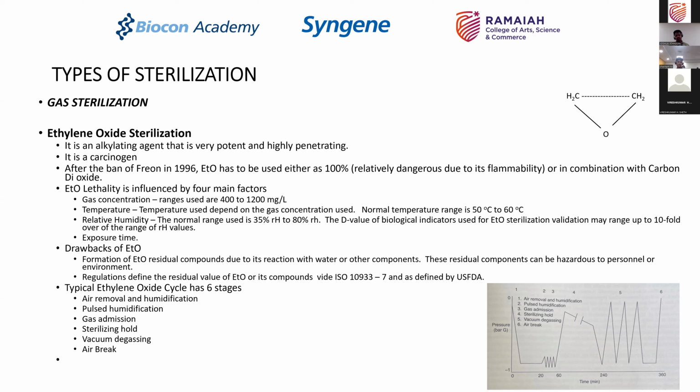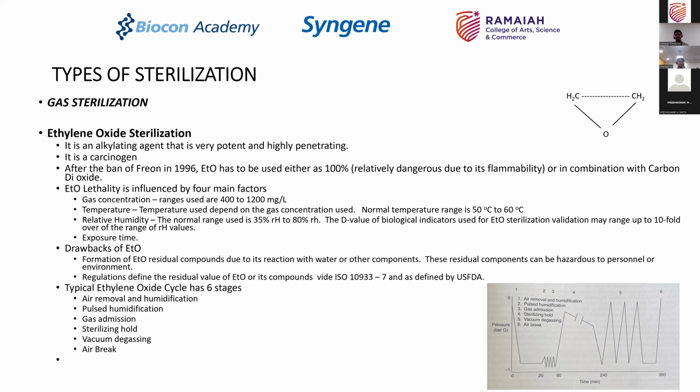Clear? So pulsed humidification is achieved by introducing shots of moisture or a spray of water, just like sometimes when you have these large halls in which perfumes are kept, right? And you see suddenly a pulse of that perfume is sprayed into the room, right?